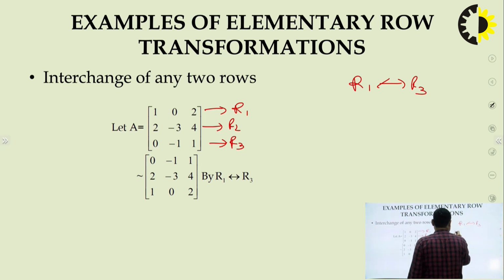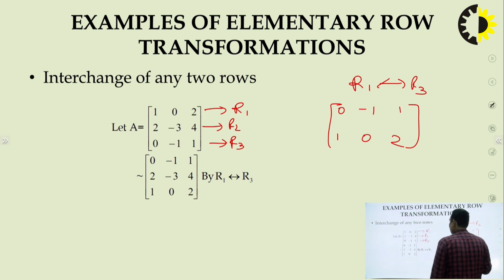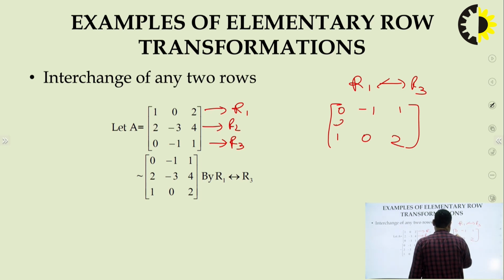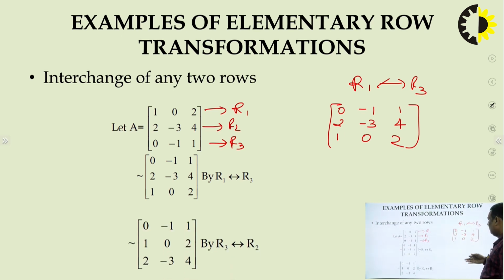R1 interchange R3 means R1, which is 1 0 2, goes in place of R3, and R3, which is 0 minus 1 1, goes in place of R1, and R2 is static because no operation occurs on it. So the first operation, interchanging of any two rows, happens this way. Next, similarly R3 interchanges with R2.